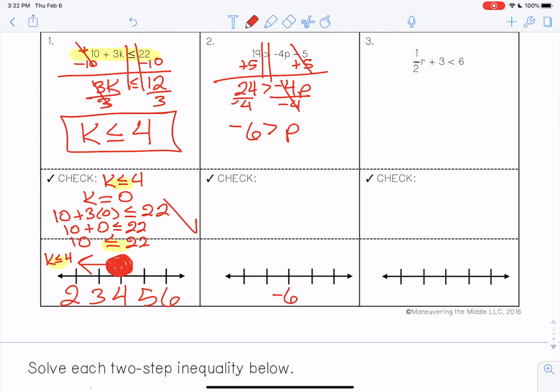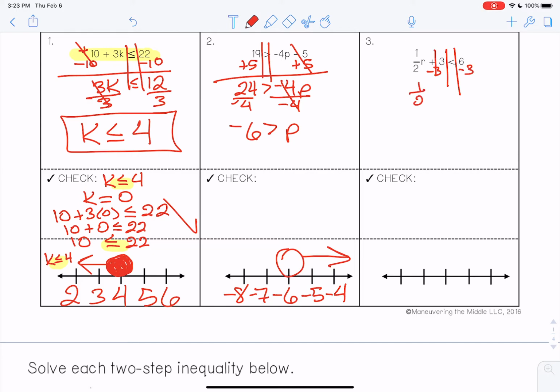I put -6 and a couple that are bigger, a couple that are smaller. The bubble goes on the -6. There is no or equal sign attached to that symbol, so it stays open, and the arrow is going to go to the right.